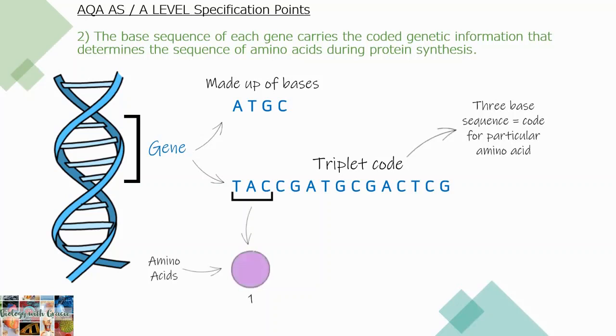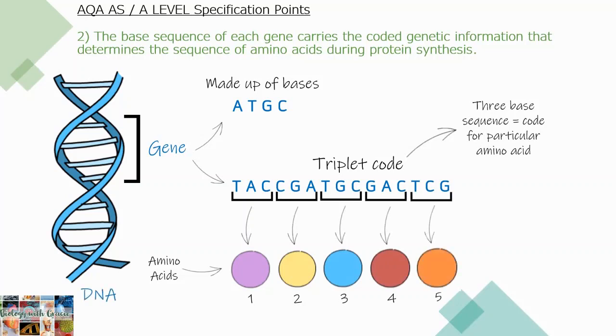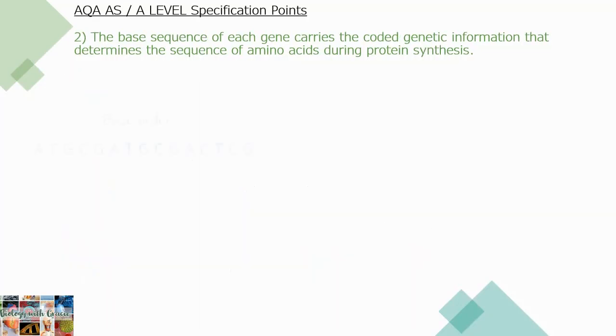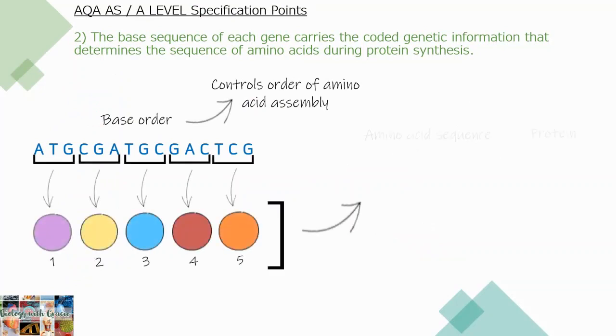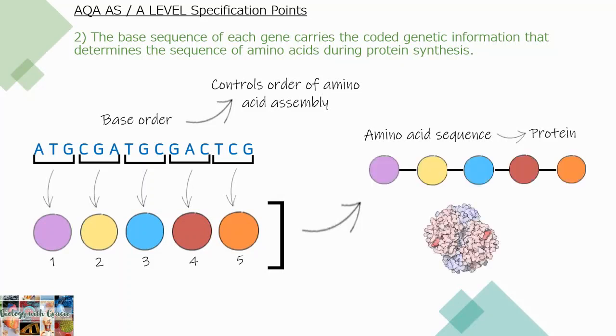For example, we've got TAC here, which codes for this particular amino acid, CGA, which codes for this particular amino acid, TGC, which codes for this one, and so on. So it is this base order which controls the order of amino acid assembly. So the amino acid sequence also determines the protein produced.